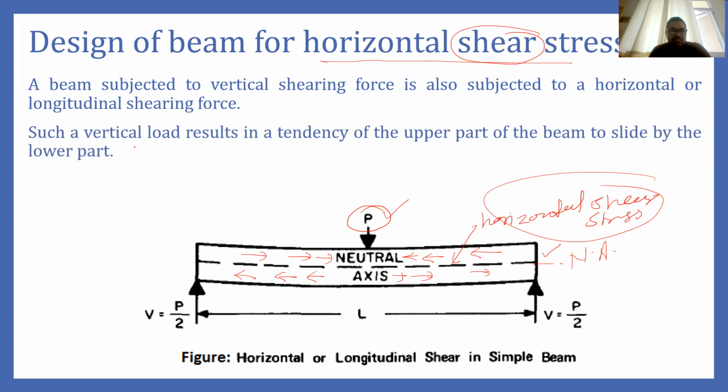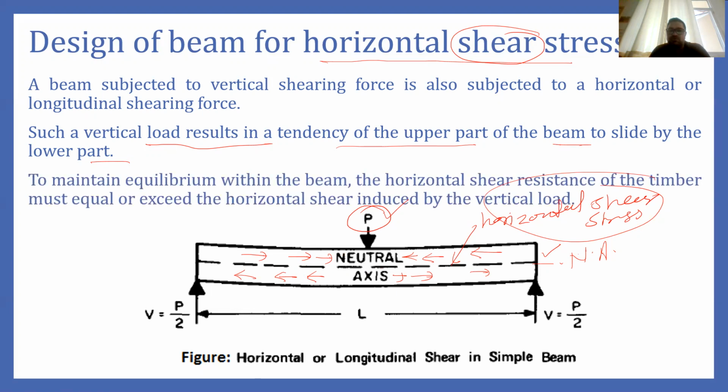As I said, such a vertical load results in the tendency of the upper part of the beam, above the neutral axis, to slide by the lower part. The lower part is trying to slide in the outward direction, and the upper part is trying to slide down inwardly. This tendency of sliding is caused because of the horizontal shear stress.